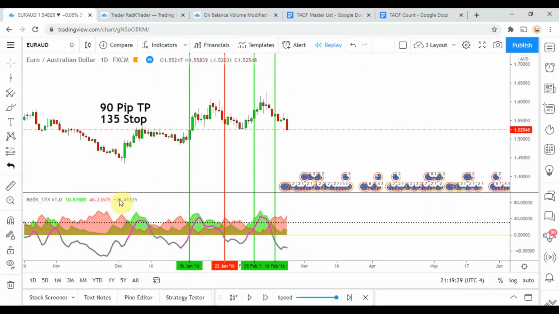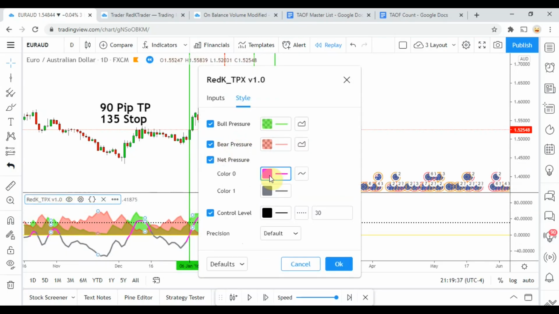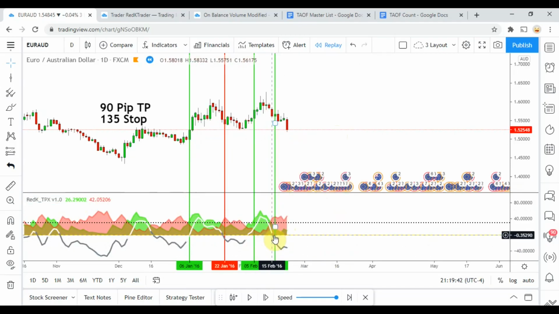But when it was white, those coordinates, because the white is also background, would not appear. So technically speaking, when it's white, it's still in the bullish position. If it's gray, then it would be in bearish.